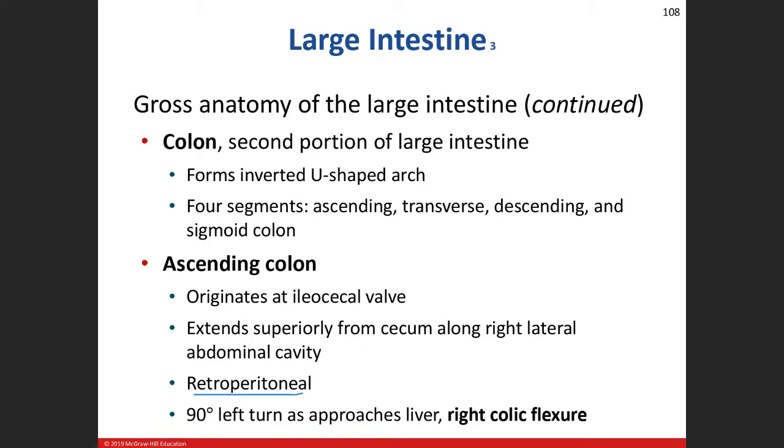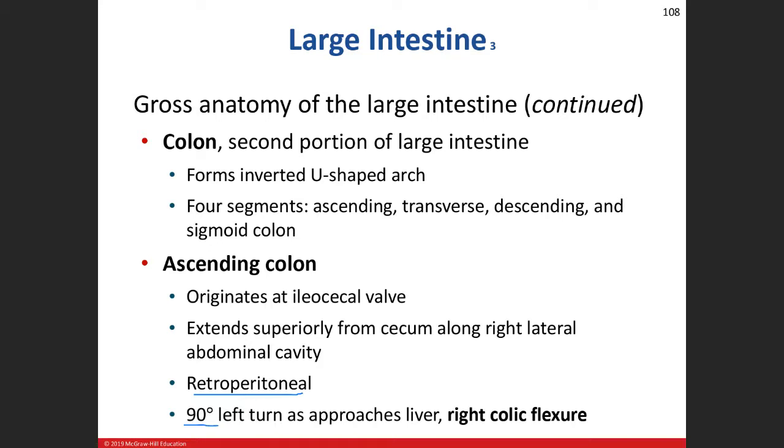It extends upwards towards the liver, where it's going to take that 90-degree turn, which we know as the hepatic flexure or the right colic flexure. Either is appropriate. We call it the hepatic flexure because that's where the liver is. So this ascends up towards the liver, takes that 90-degree turn, and then traverses from the right side of your body over to the left side.